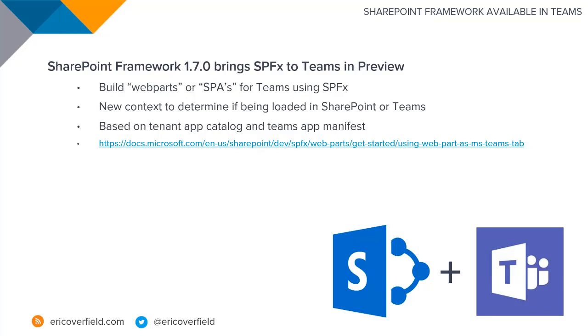So you add your SPPKG, your SharePoint Framework solution, up into your app catalog. Once you've done that, effectively, Teams can now find it. Teams can make it available. The second component is that we need to create this Teams app manifest, a text file, a JSON file, which describes our app, provides basic settings, and tells the app where it is over in the tenant app catalog.